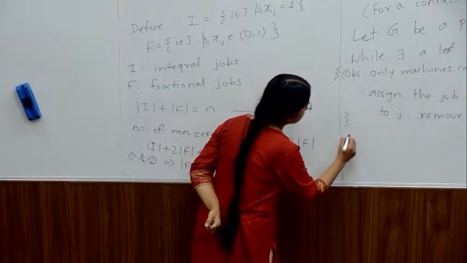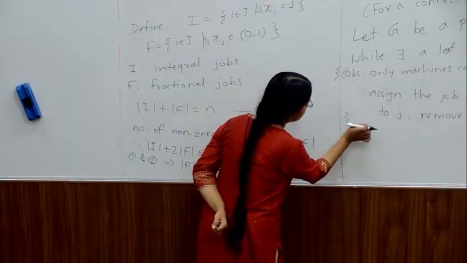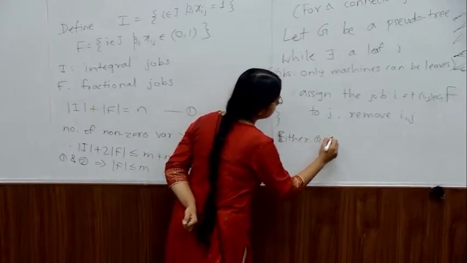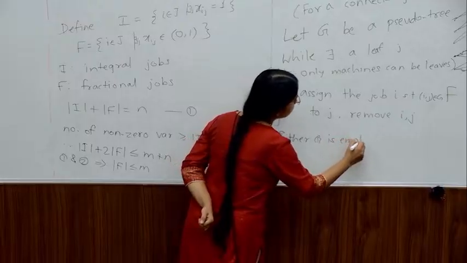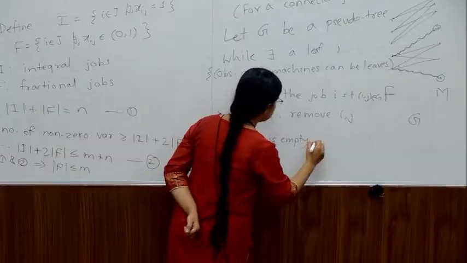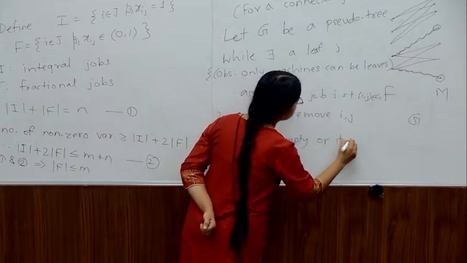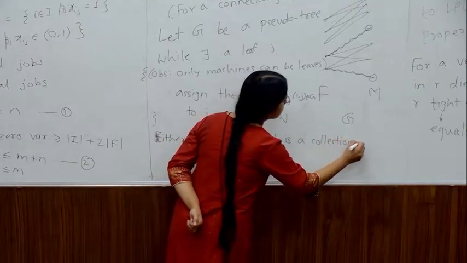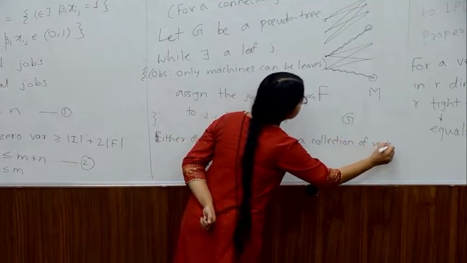So what happens? Either G is empty. Empty meaning no edges. We don't care if there are some unassigned machines. Either G is empty or it is a collection of vertex disjoint cycles. Then we will get a matching. Exactly.